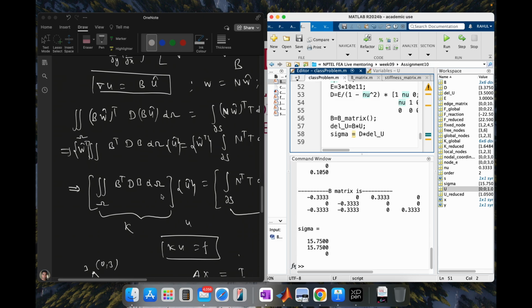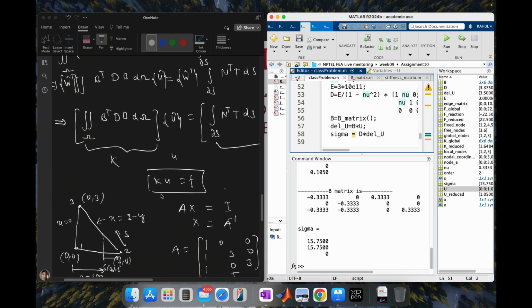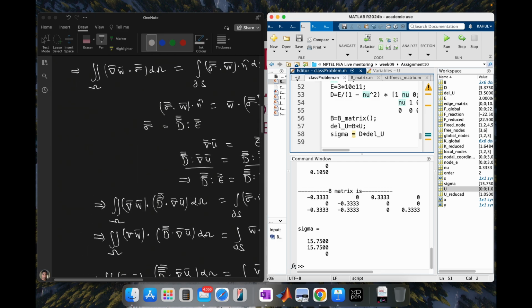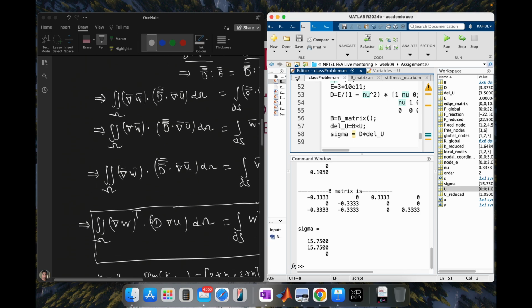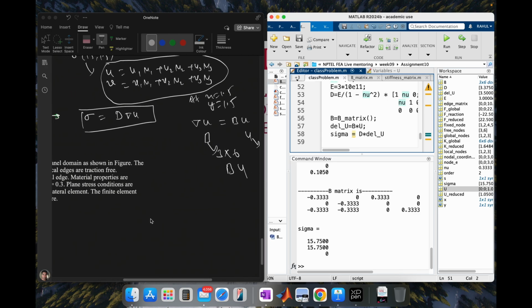Here you can see that it is not a function of x, which means that at every location inside the triangle, the sigma will be constant. Because the B matrix is also independent of x, everywhere this sigma will be a constant, that will be 15.75. So this is the answer.